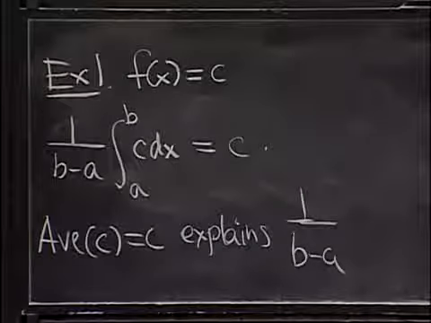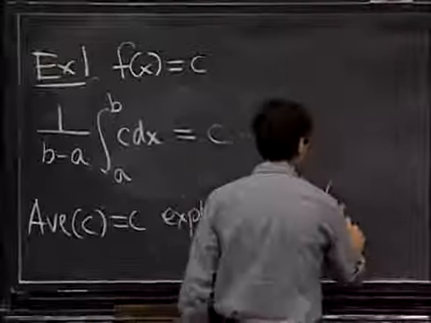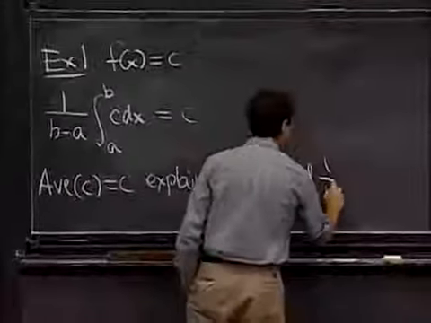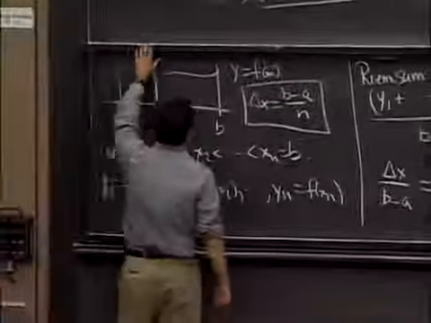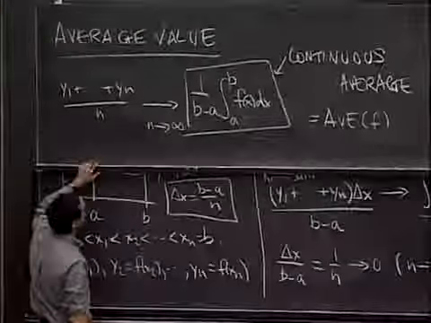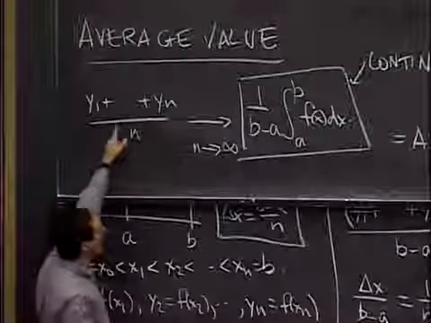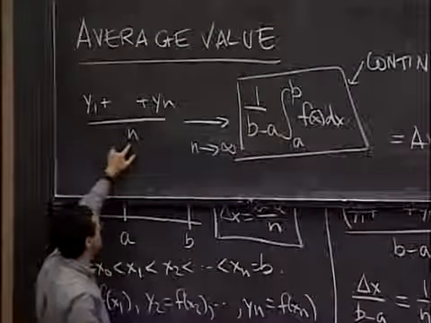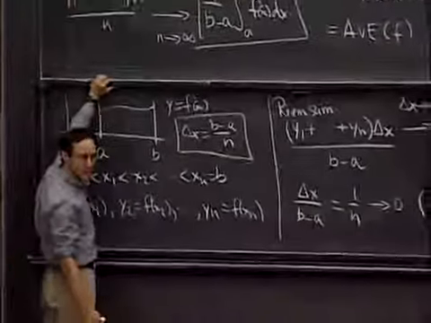We've clearly got a piece of nonsense on our hands. And incidentally, it also explains the 1 over n in the very first formula that I wrote down. The reason why this is called the average, or one reason why it's the right thing, is that if you took the same constant c for y all the way across there n times, and you divide by n, you get back c. That's what we mean by average value, and that's why the n is there.